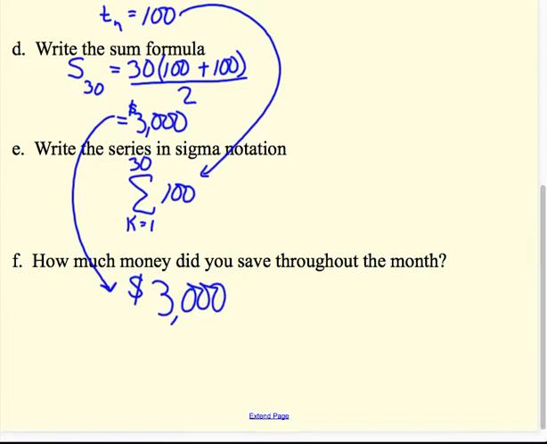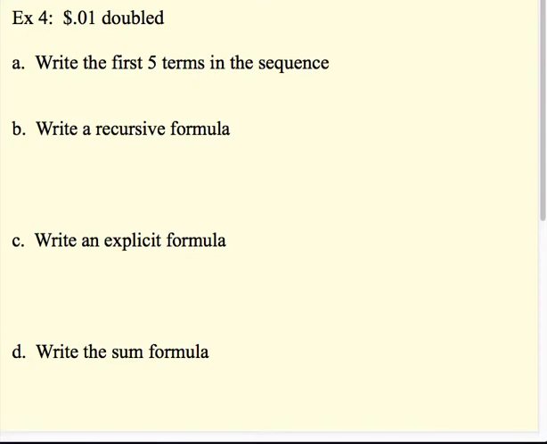So now let's take a look at that penny a day and doubling it. So our first 5 terms, the first day we save a penny, then we save 2 pennies, then we save 4 pennies. So that's 3 terms, and we save 8 cents and 16 cents. So the first 5 days don't look real impressive compared to our arithmetic series.